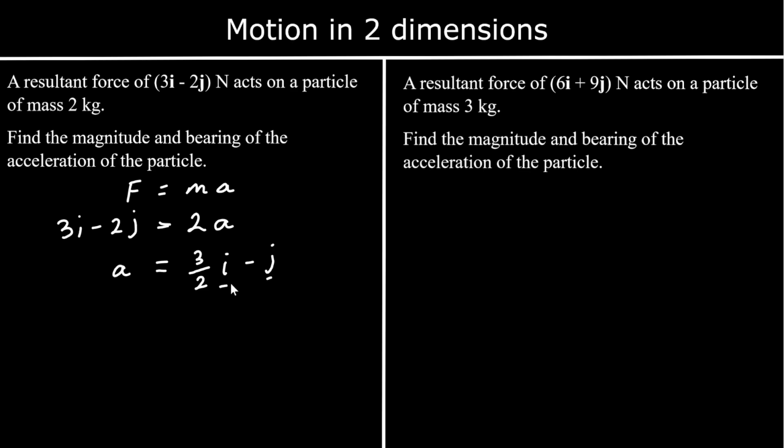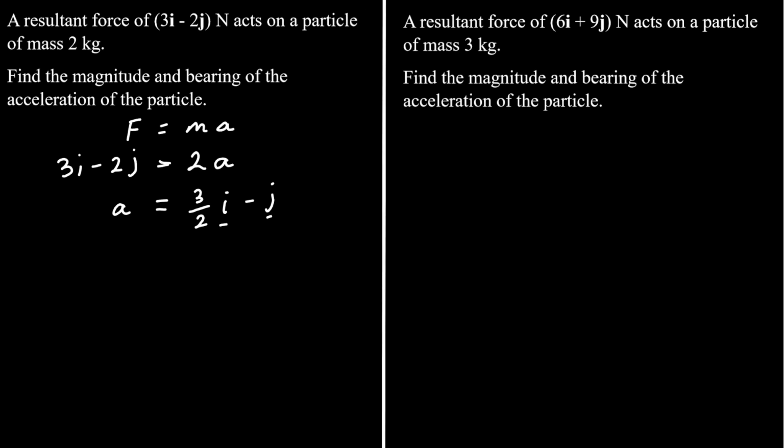We want the magnitude and bearing this time. So it's going 1.5 to the right and 1 down. So the magnitude is the hypotenuse, and the bearing is the angle from north. So let's do Pythagoras to find the magnitude.